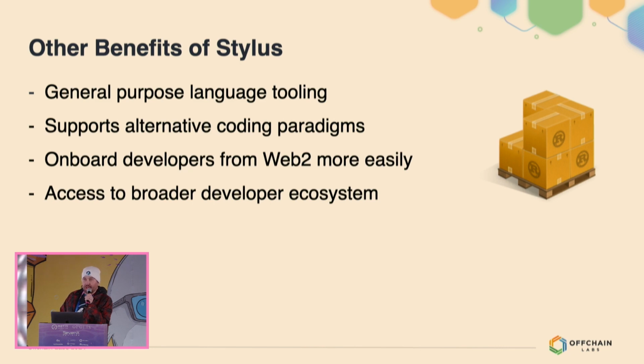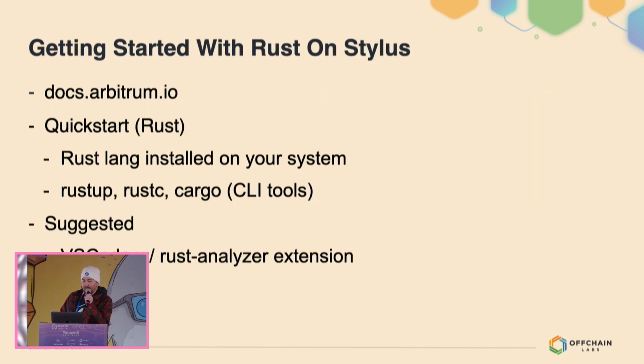Additionally, the point of additional programming languages is to allow us to onboard Web 2 devs more easily and gain access to all the libraries and tools like cryptography and gaming libraries that other developers are out there creating, that we can tap into in smart contract development as well.